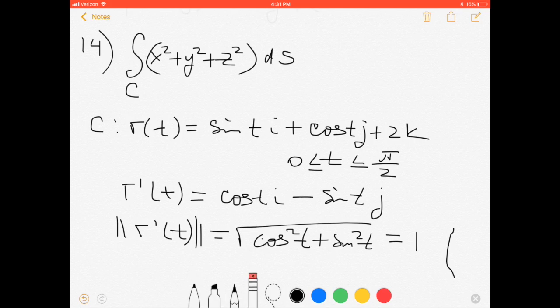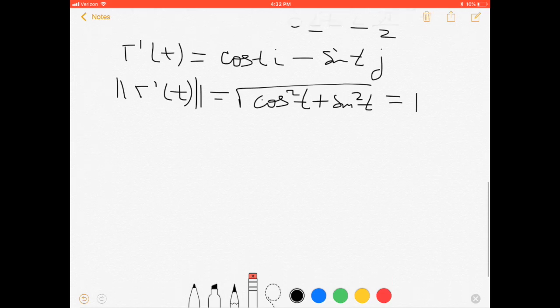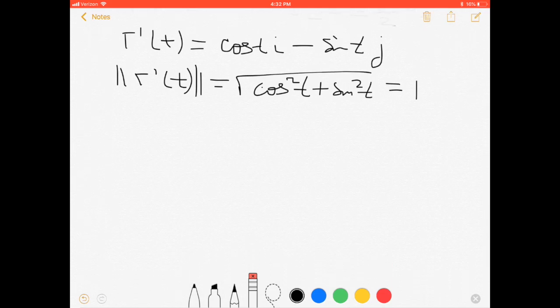And now we can plug into our integral. For x we plug sine t, which is the coefficient of our vector i. For y we plug cosine t, and for z we plug 2.